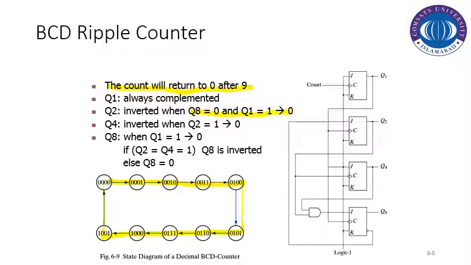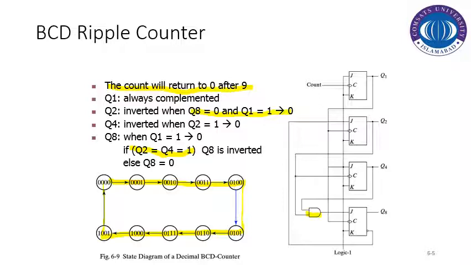And for Q8, whenever Q1 is having a transition from 1 to 0, if Q2 equals Q4 equals 1, Q8 is inverted, else Q8 is 0. We can see from this particular setup as well, as we are using this AND gate here to ensure Q2 and Q4 are 1. So in that particular case, Q8 is inverted.